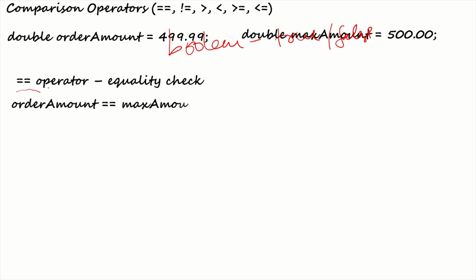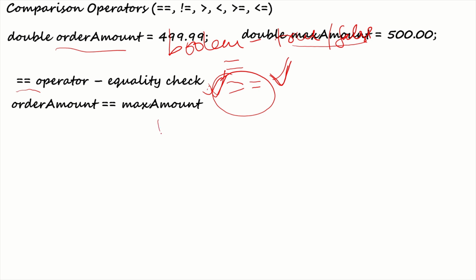So I will do order amount double equal. So single equal is the assignment operator. If you go with double equal it is a condition check: whether this value or variable is equal to this value or variable. Okay. So in this case, since 499.99 is not equal to 500, we get false here.